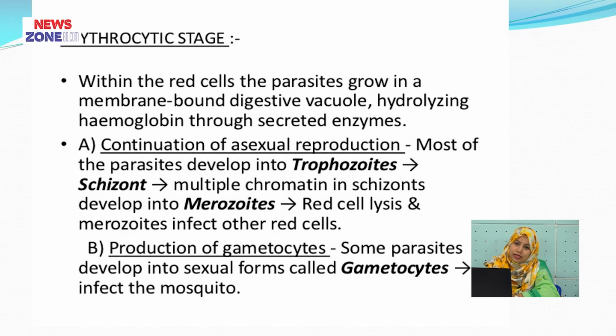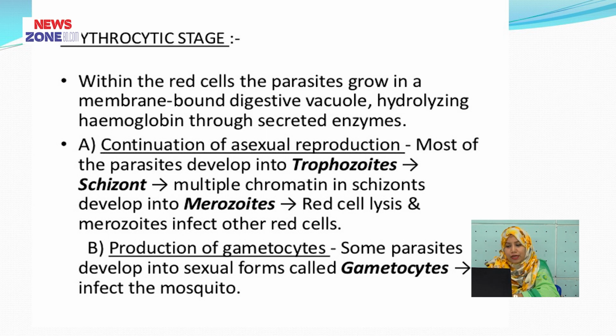Now, the erythrocytic stage or RBC stage. Within the RBC, the parasites grow in a membrane-bound digestive vacuole, hydrolyzing the hemoglobin through secreted enzymes. Then they may go either of two ways. Number one, they may continue asexual reproduction or they may produce gametocytes.